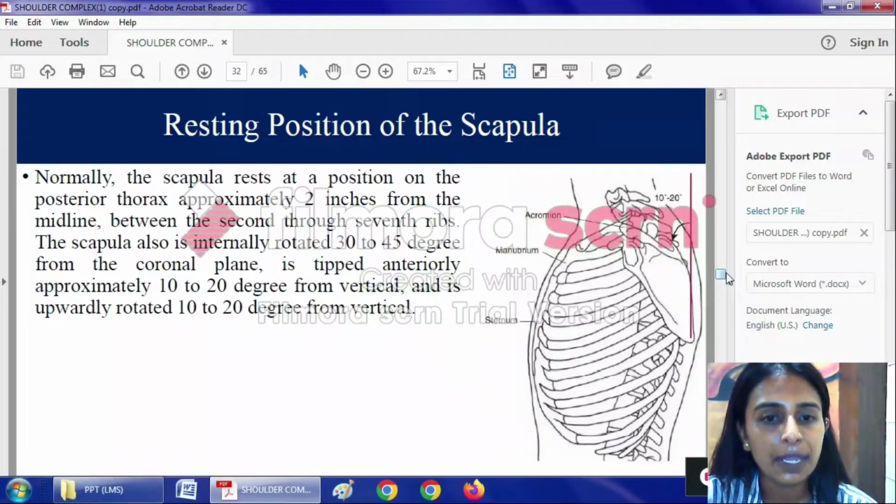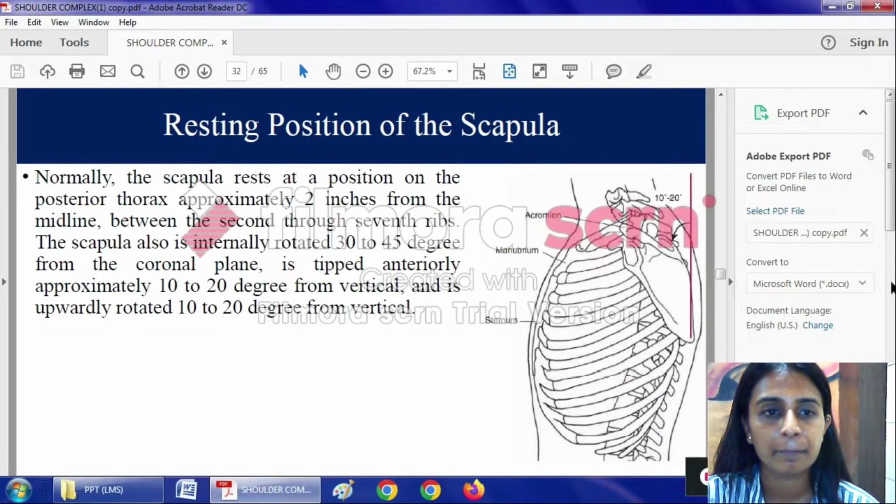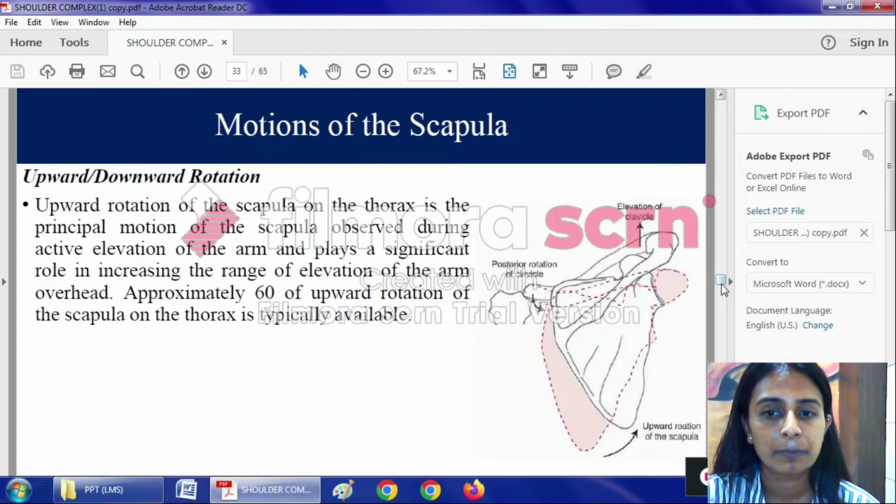It's tipped anteriorly approximately 10 to 20 degrees from vertical and upwardly rotated 10 to 20 degrees from vertical. Now, resting position of a scapula. Motion of the scapula, upward and downward motion.